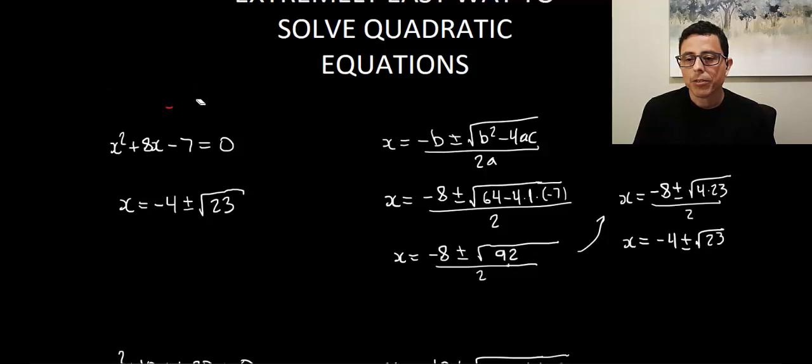So let me explain how the method works. First, I pick this number, the coefficient b, right? The coefficient of x, it's called b. And I divide that coefficient by 2. And that's why you see the 4 here. But I put the opposite of that result. So divide this by 2, that gives me 4.